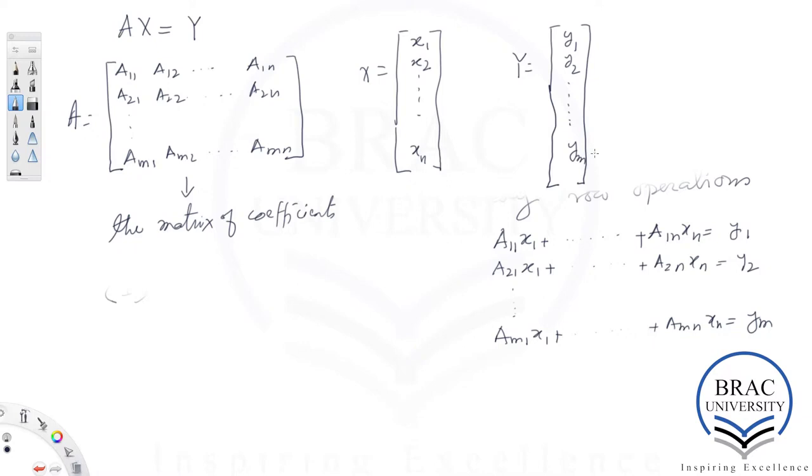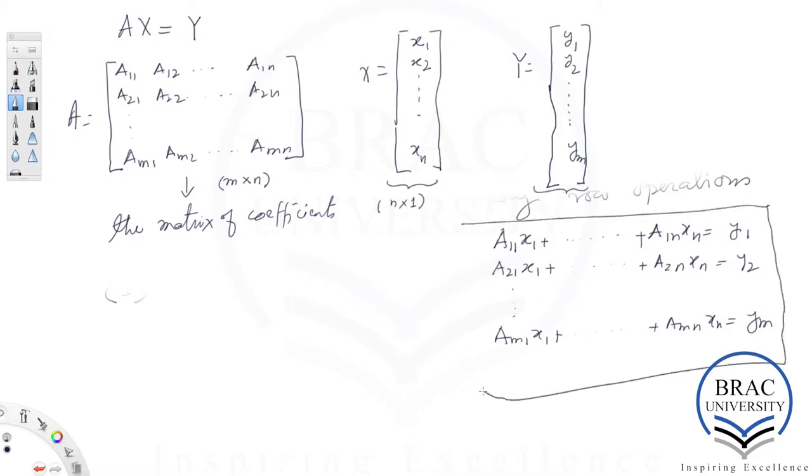One can immediately check that if this m times n matrix gets multiplied with this n times 1 matrix, and we set the resulting m times 1 matrix equal to this m times 1 matrix, one precisely gets this system of linear equations. Check that.